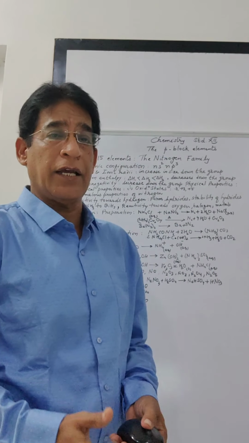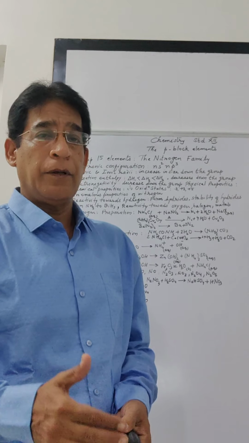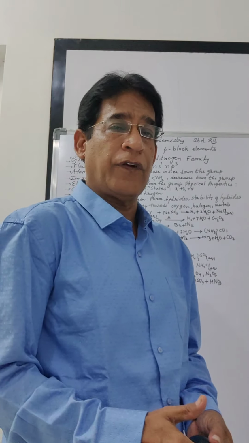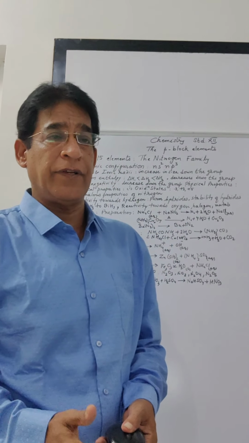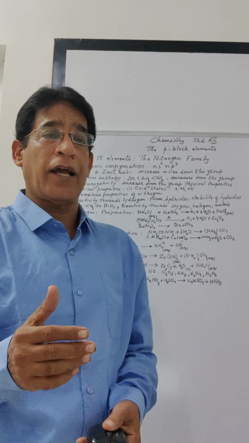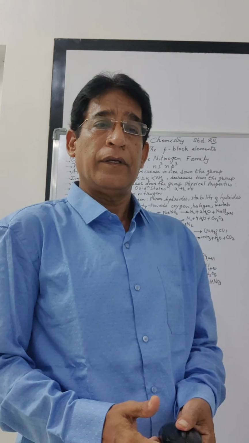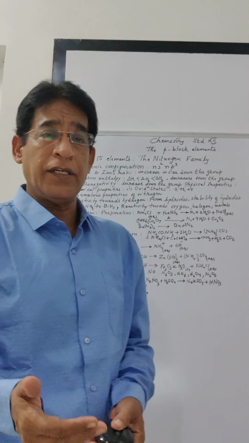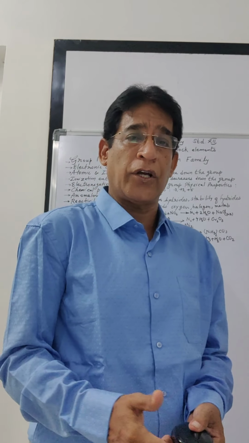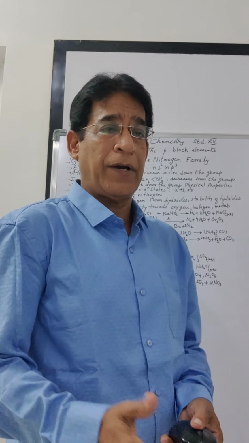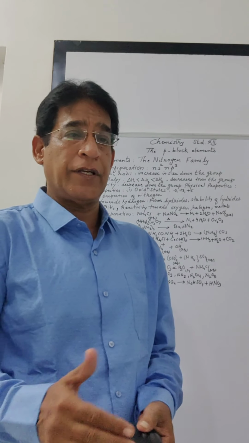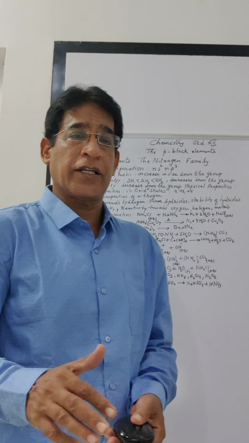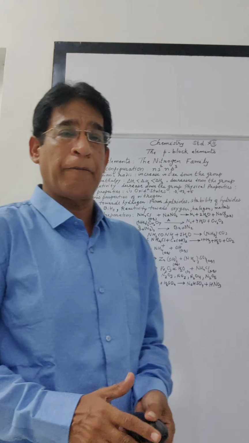Nitrogen has unique ability to form pπ-pπ multiple bonds with itself and with other elements having small size and high electronegativity, for example carbon and oxygen. Heavier elements of this group do not form pπ-pπ bonds as their atomic orbitals are so large and diffuse that they cannot have effective overlapping.